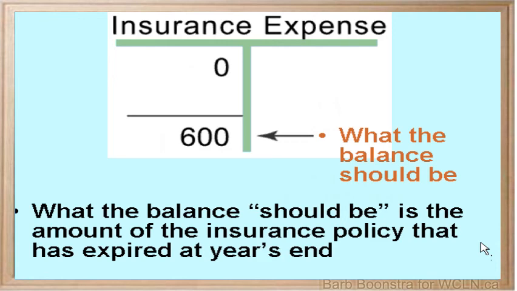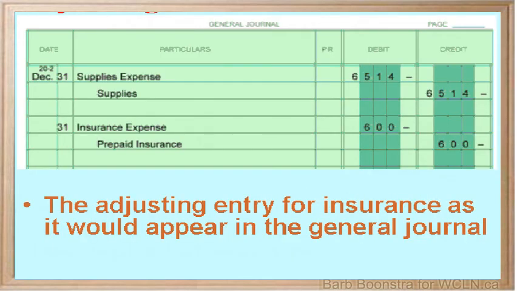You have to debit the insurance expense by $600. Your final entry would be similar to the supplies expense adjusting entry. You would debit insurance expense by the amount of the insurance you have used, and you would credit prepaid insurance by $600 to show that you've used that amount up.